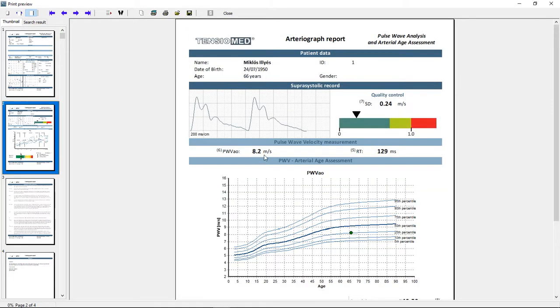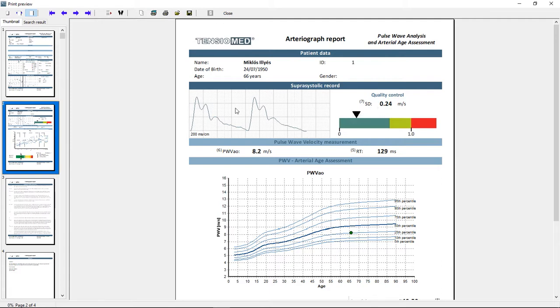Going to the next page of the report, we can see pulse pressure curves, which help us compare them to each other. We can see that because of the good and proper technical performance of the measurement, these curves are identical to each other.